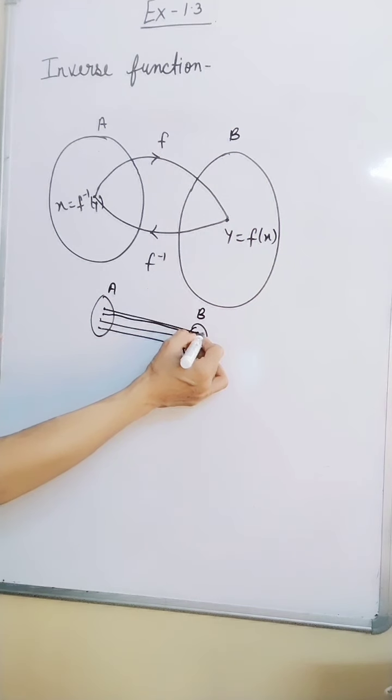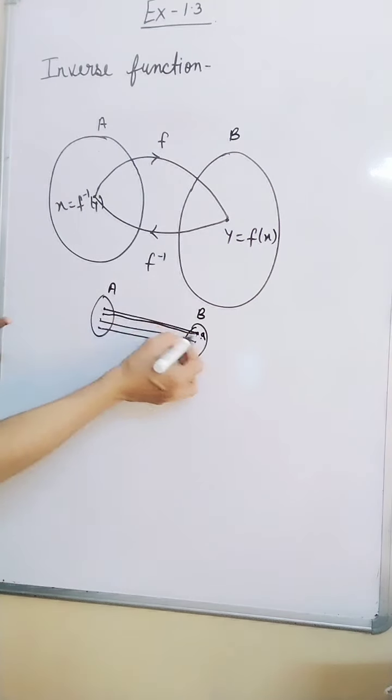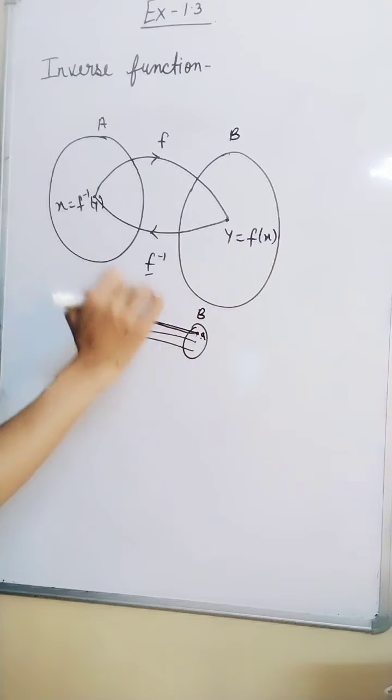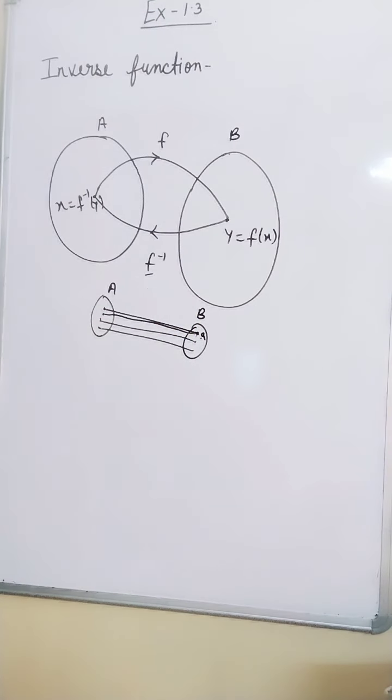Suppose this element is A. For this element A, which image will I consider? So in that case again you cannot define f inverse. So you can define f inverse if and only if the function is one-one and onto. Clear?